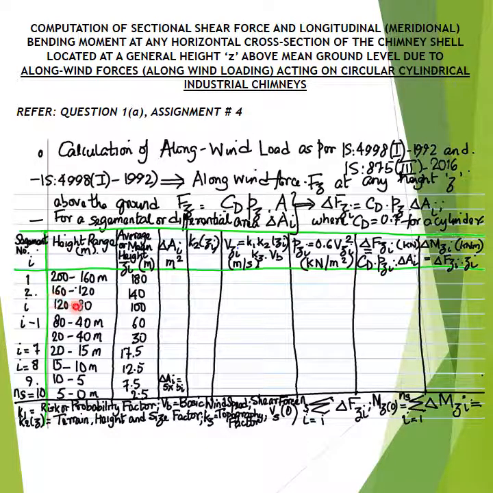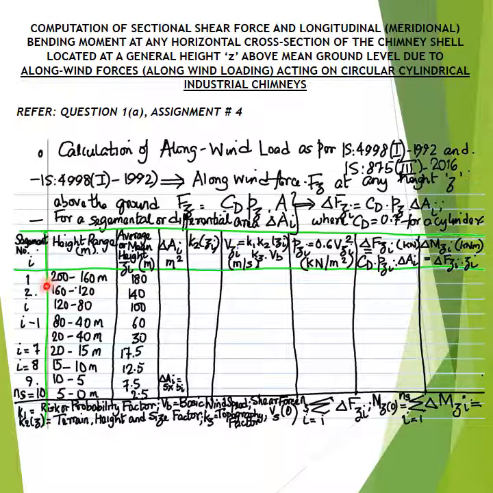approximately 20 meters. Beyond 20 meters, the increments or the subranges of height that are considered for calculating the along wind force at any general height Z acting on the industrial chimney is increased.